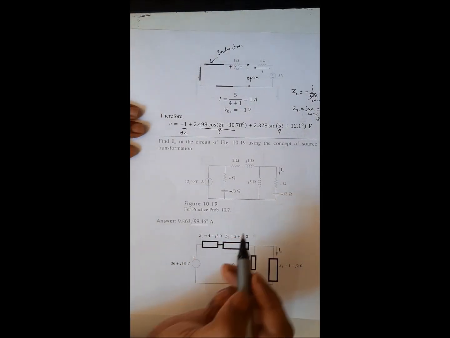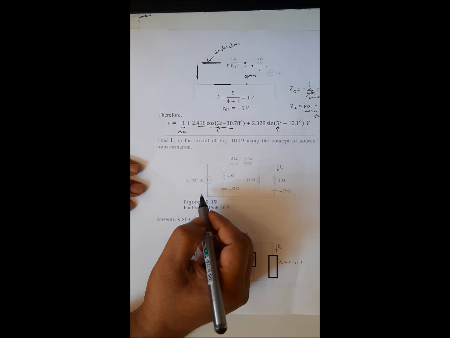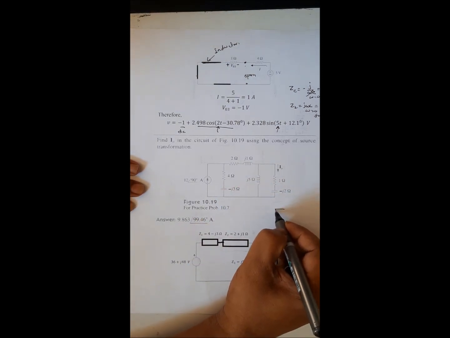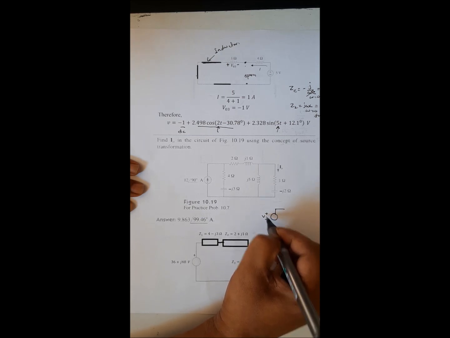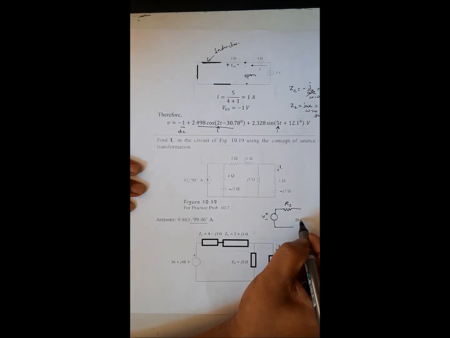Now we will solve another circuit using the source transformation concept. As you know, source transformation means that a voltage source can be replaced by a current source. By this way, if you have a voltage source with a series resistance, you can replace this with a current source with the same resistance in parallel with this current source.